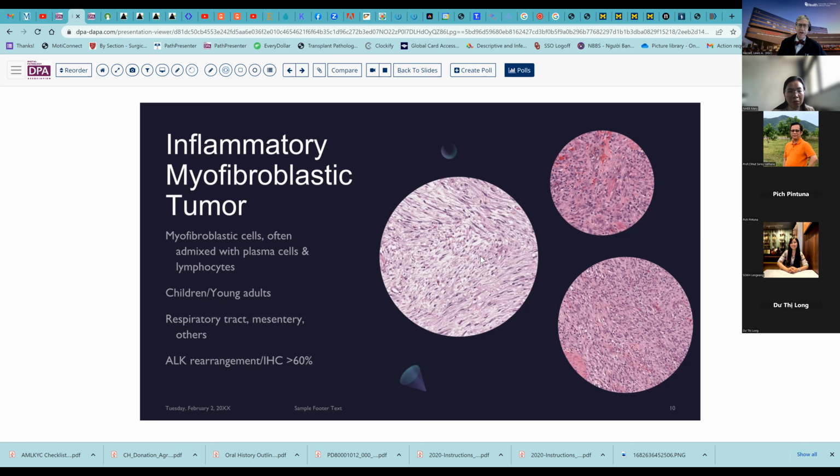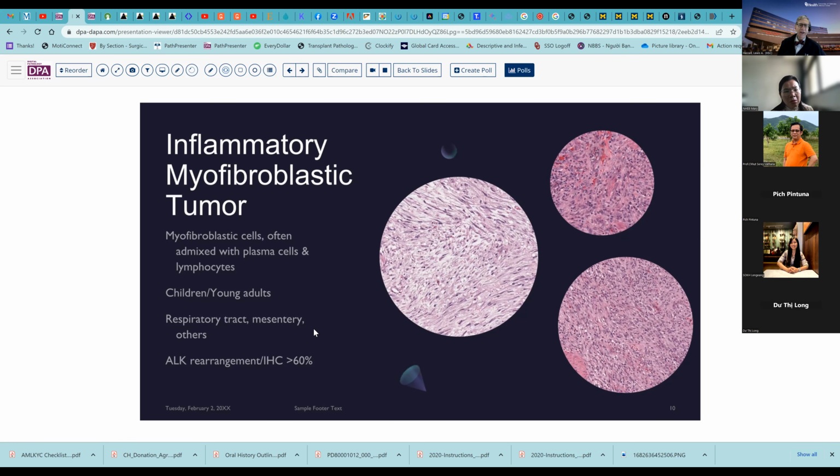Typically, it's formed of myofibroblasts with some admixed component of lymphocytes and plasma cells as well. The most typical site is in the respiratory tract in children and young adults, but it really can be found in a wide array of other sites, the mesentery, the thyroid, maybe the gallbladder or other intra-abdominal sites.